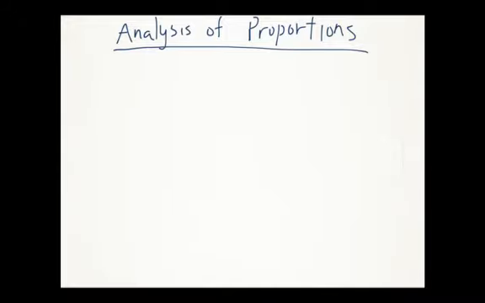Okay? So just as a quick introduction to this, I realize that students in other countries will be watching these videos, or I hope they will be. But the most common proportion that we hear about in the United States anyway comes from political polling.